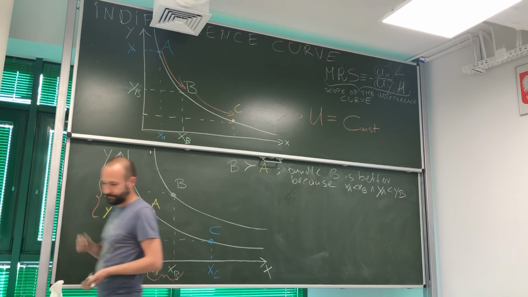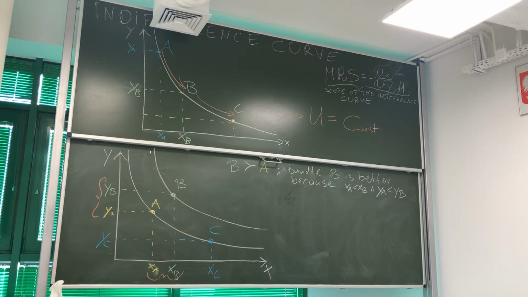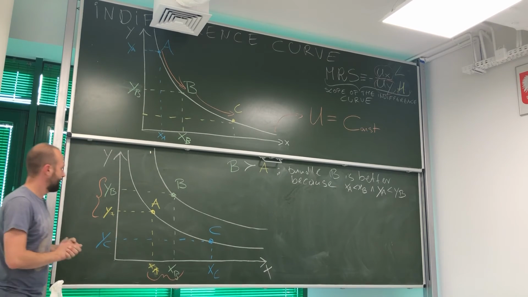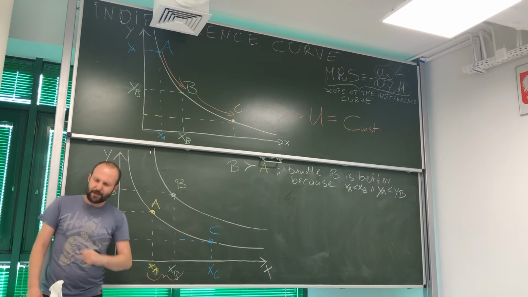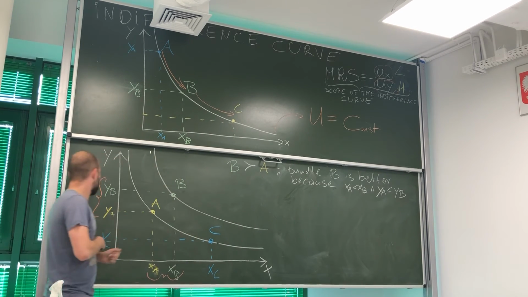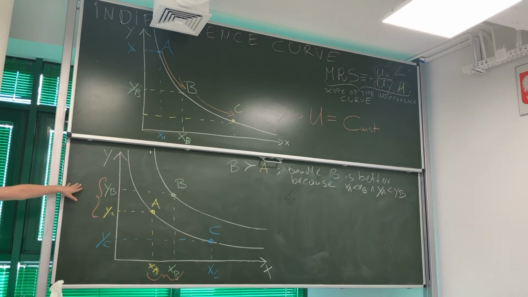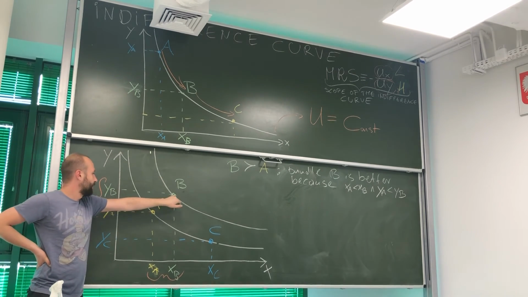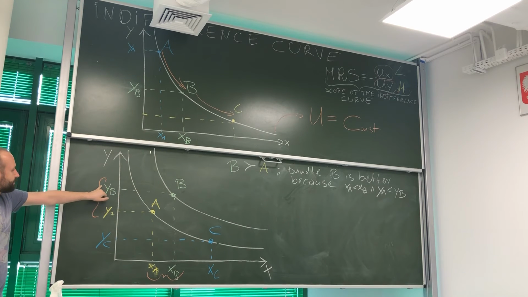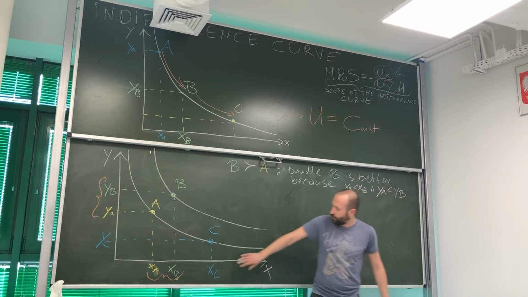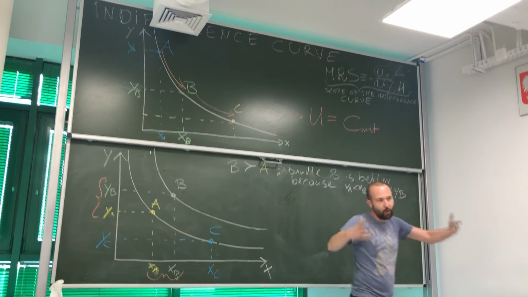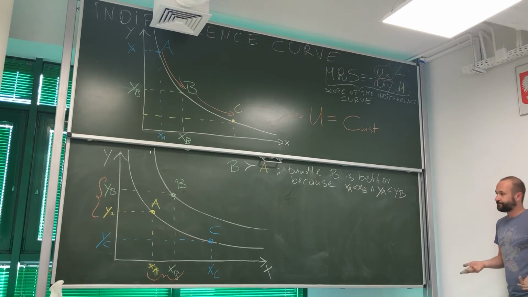No issue here. However, look, if I were to compare point B and point C, this becomes problematic. Because look, on one hand, at point B, we see that in bundle B, we've got definitely more of good Y. However, at the same time, in bundle C, we've got more of good X. So which one is better?